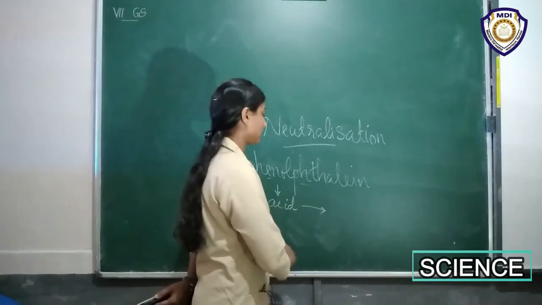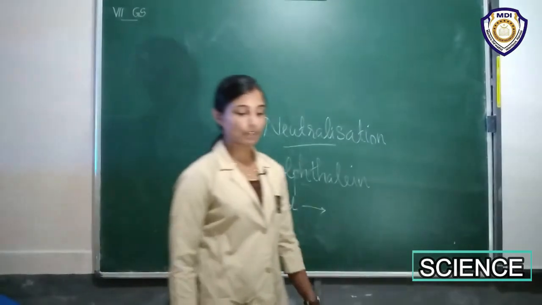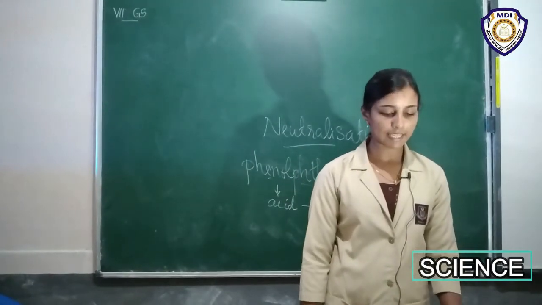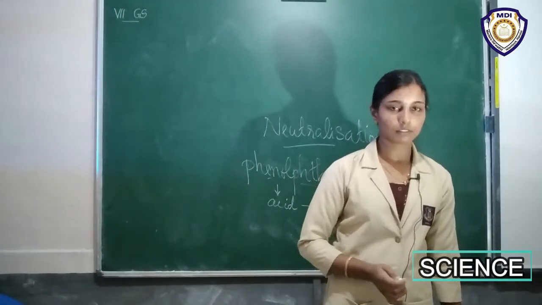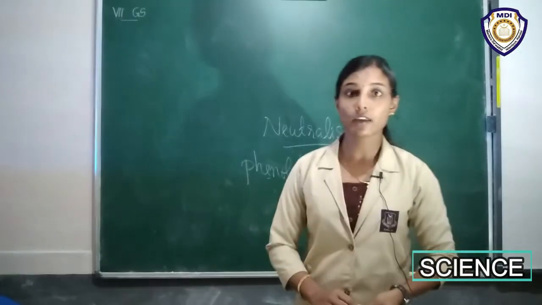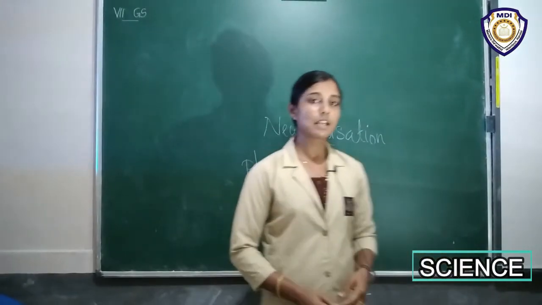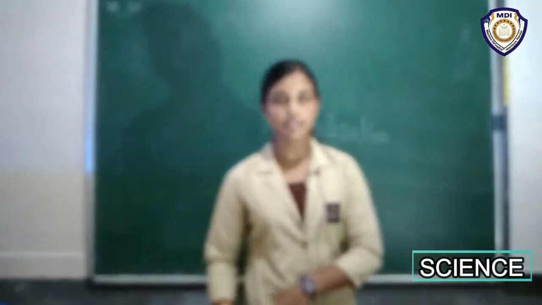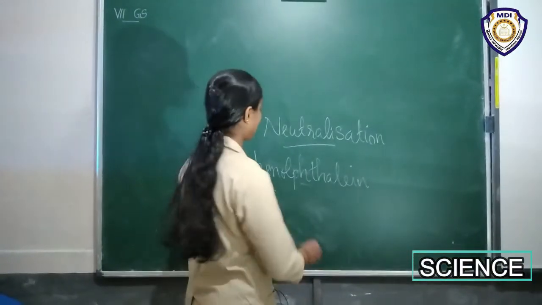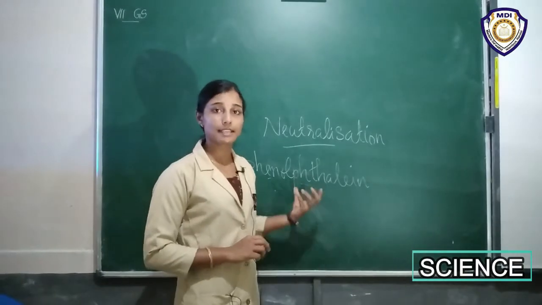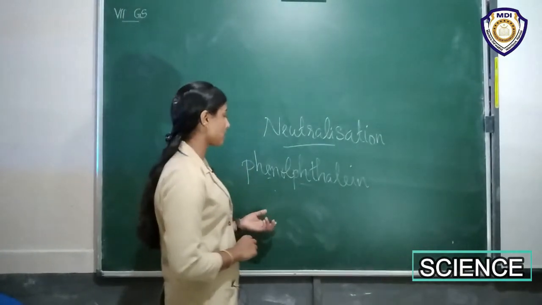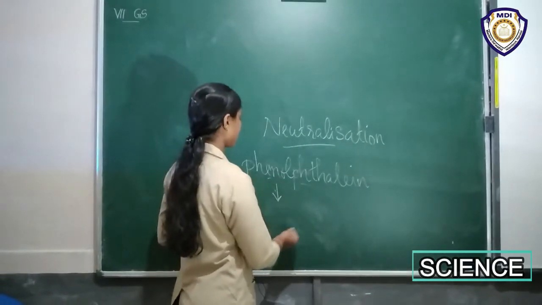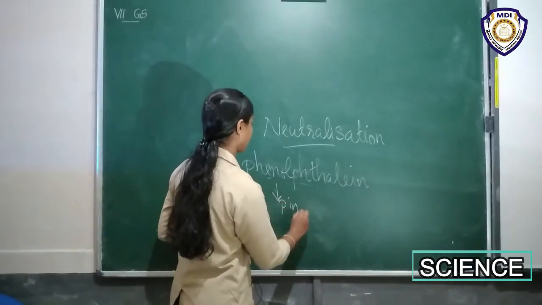Basically, phenolphthalein is colorless, and when it is acting on a base, what happens? It will have a pink color, right?